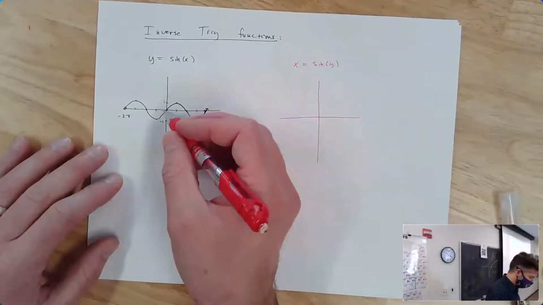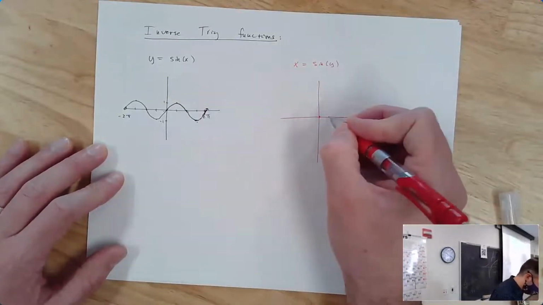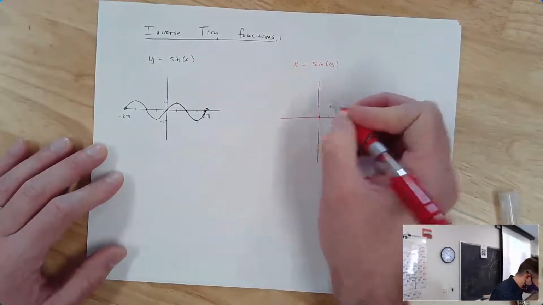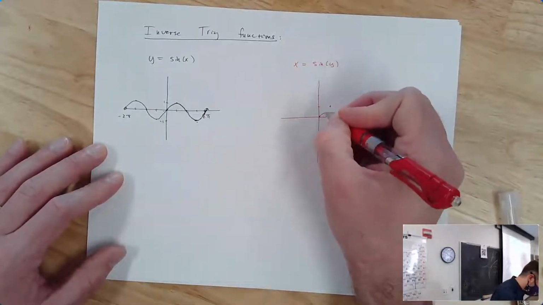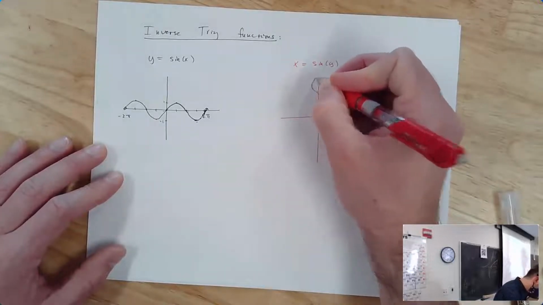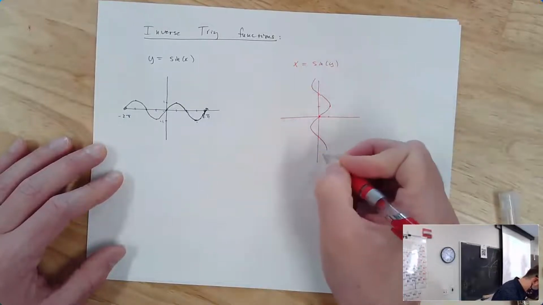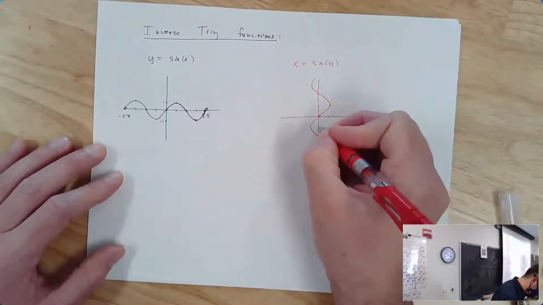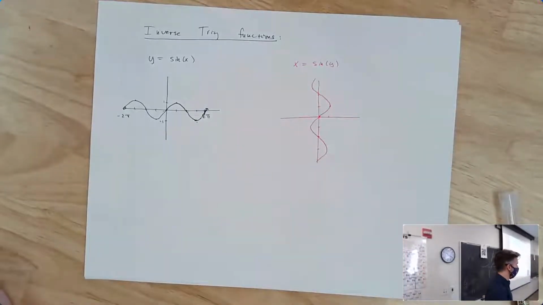So instead of the point 0, 0, I get 0, 0. Instead of pi over 2, 1, I get 1, pi over 2. Instead of pi, 0, I get 0, pi. And the same thing down this way. And that's not a function, right? It really fails the vertical line test a lot.